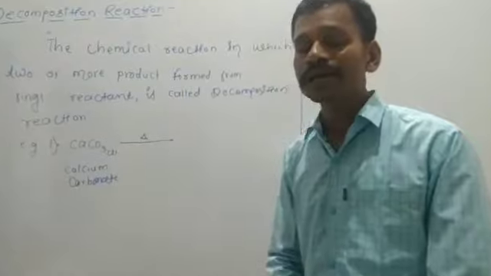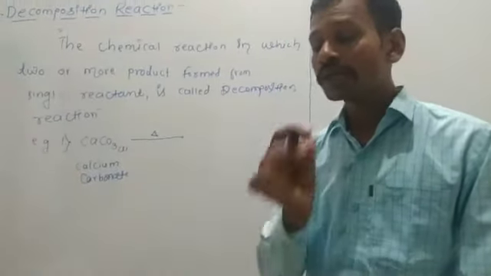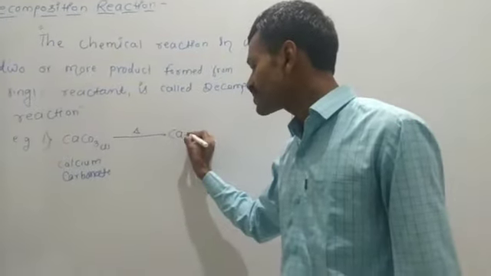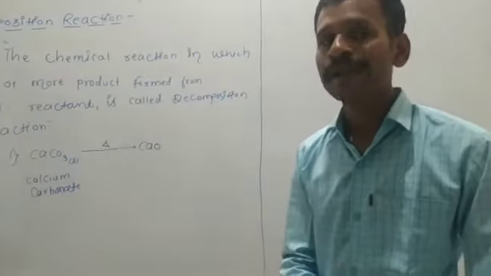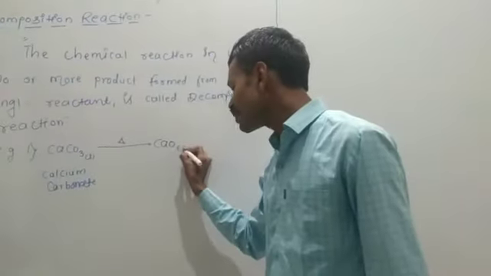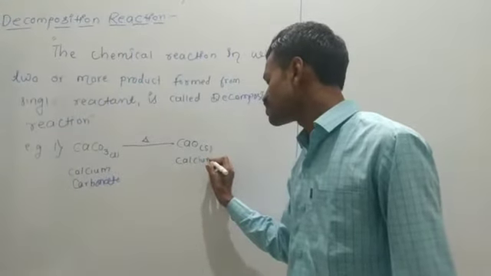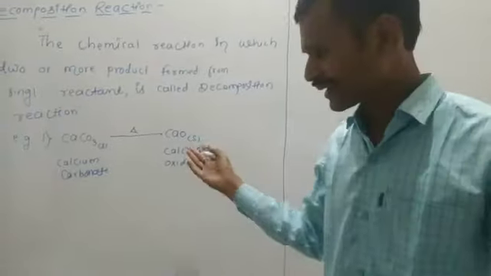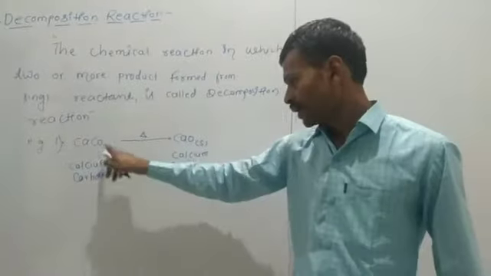When the chemical reaction takes place, it forms two products. One is CaO, which is calcium oxide, simply quicklime, which we studied in the last class activity. What remains?